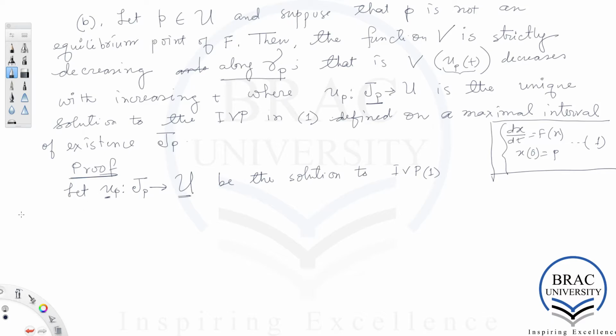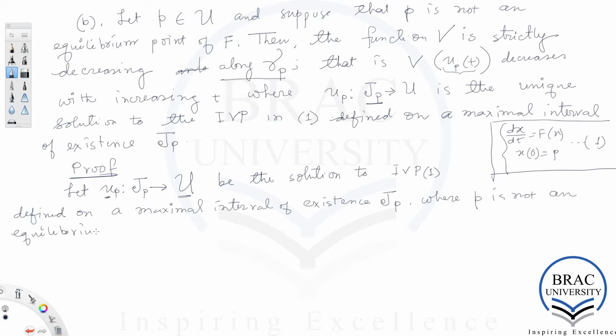Defined on a maximal interval of existence J sub p, okay, where we want p not to be an equilibrium point of f, where p is not an equilibrium point of f. Okay, so then by uniqueness we have the following.